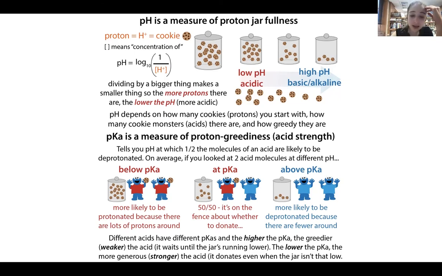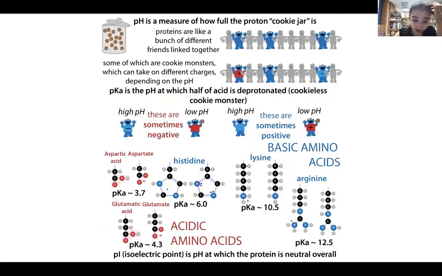And this comes into play a lot when we talk about proteins, because proteins are really like a chain of Cookie Monsters. So there are the various amino acids, the protein letters. Some of them can be charged some of the time. And the reason why we say some of the time is because their charge state is going to depend on the pKa.